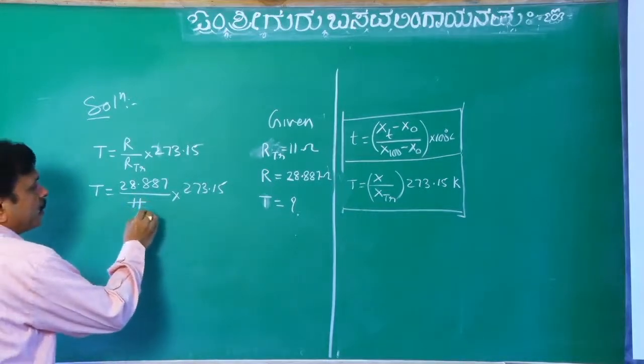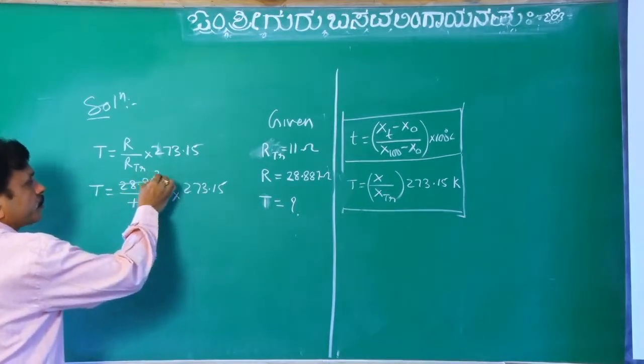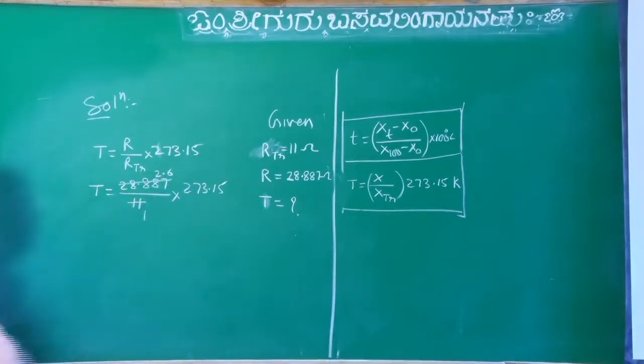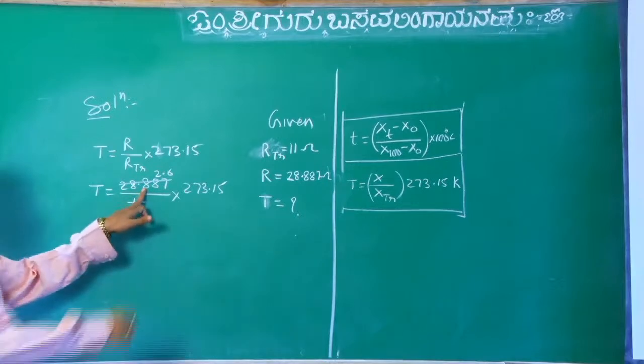This can be cut: 11 ones are 11, 11 twos are 22, 11 sixes are 66, then 2 is left.